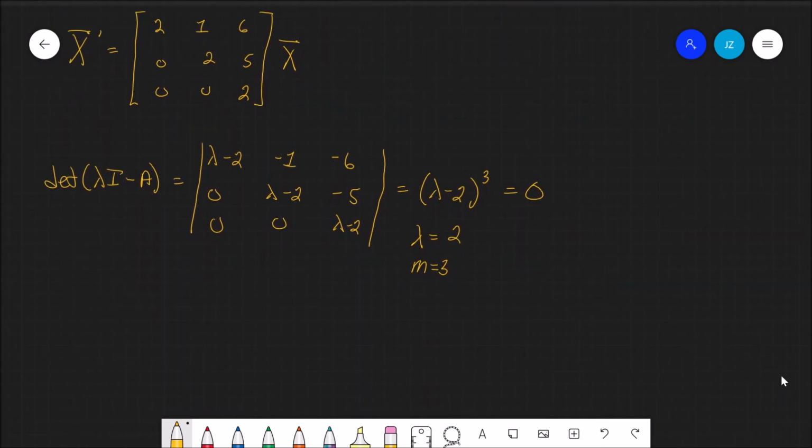So normally you need to ask yourself throughout the work, can we get 3 linearly independent vectors out of this? If we can, then obviously it would fall into the first case. So lambda equals 2 will give us the 3 by 3 matrix 0, minus 1, minus 6, 0, 0, minus 5, 0, 0, and 0.